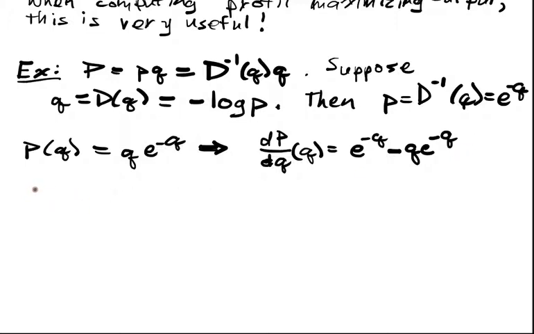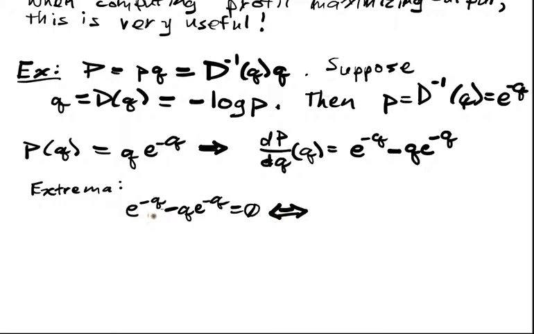So I find the extrema by solving this equation equal to 0. E to the negative Q minus Q e to the negative Q is equal to 0. Well, I can cancel out e to the negative Q from both sides because it's always non-zero.